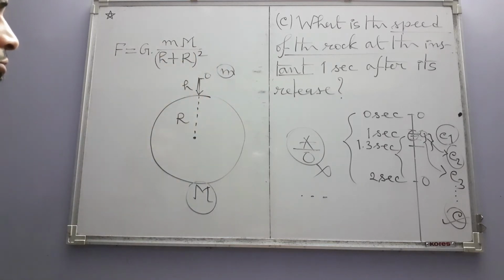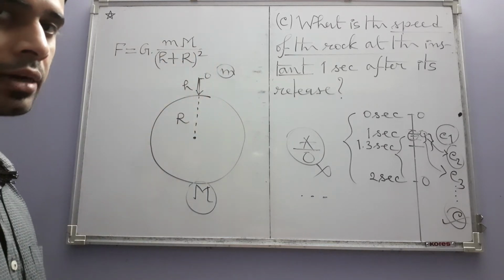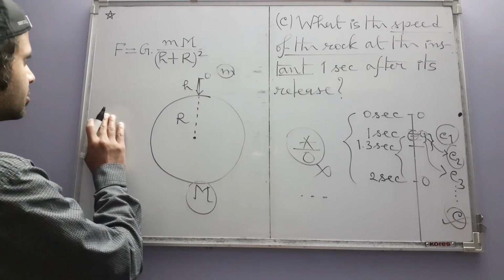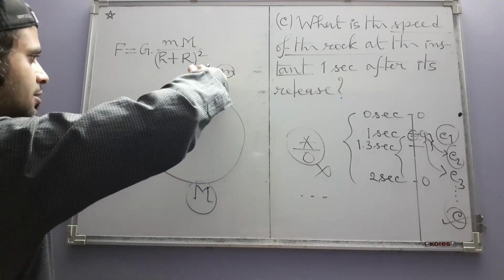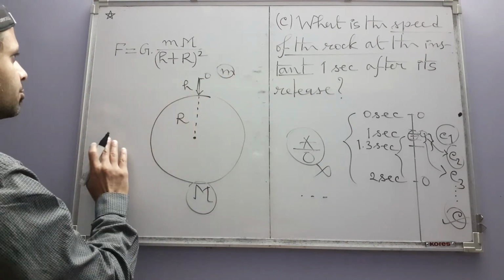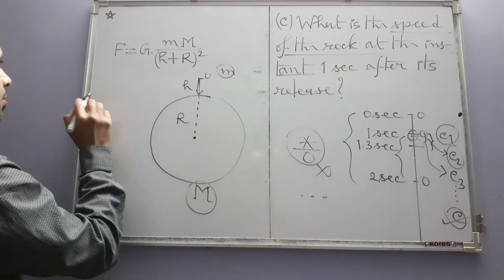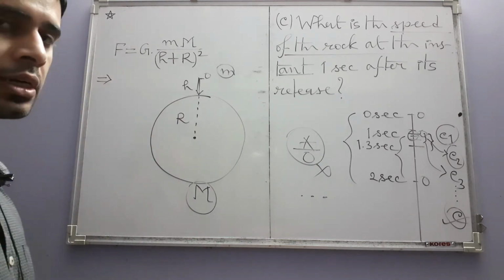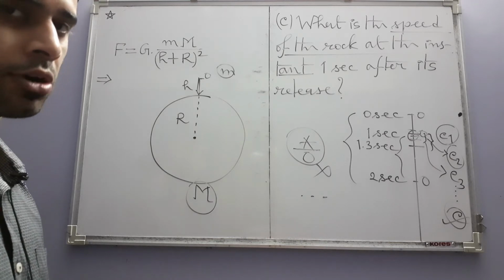This is really the force of gravity acting on the body that has been released, or in fact, even if it is just simply kept here on something, this is the force that will be acting on it. But we also know that force is mass times acceleration if the mass is not changing.